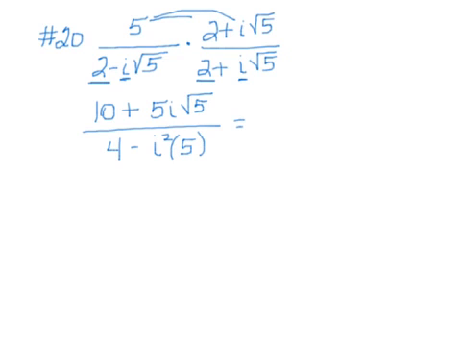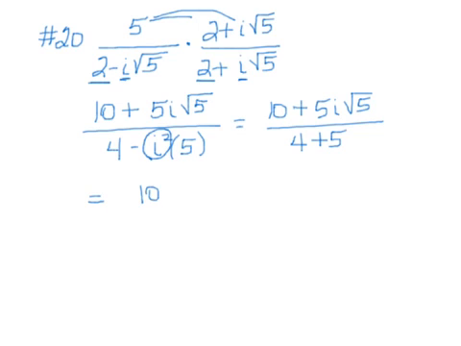So what this gives us is 10 plus 5i square root 5 over 4 plus 5, because this is a negative 1. And our answer is 10 plus 5i square root 5 over 9. And that's as far as we need to go, and you can leave it like that.